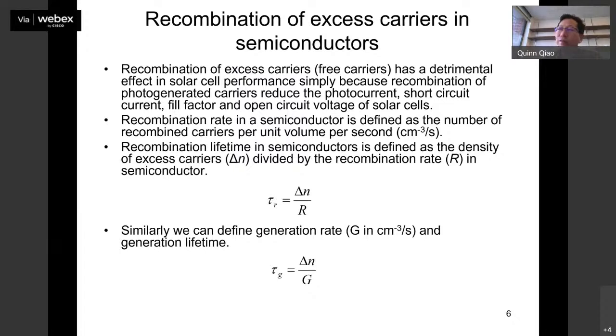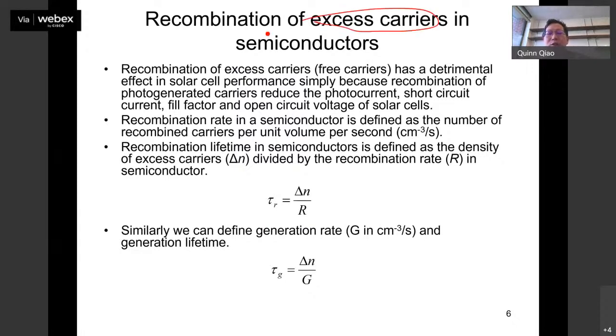Under thermal equilibrium, you can only hold n0, p0. Since you have this delta n, delta p, these are not thermal equilibrium. That means this extra electron and extra hole will recombine. That's why we have delta n over tau, the time it takes to recombine the excess carriers.